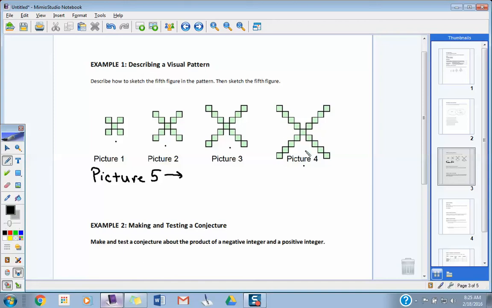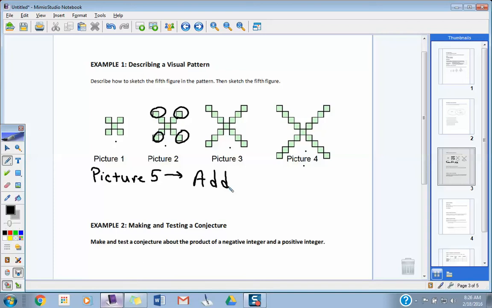If I understand you correctly, to get to picture 2, you take picture 1 and add these corners right here. Is that what you're saying? Okay, so to get to picture 5, which picture are we going to have to adjust? Okay, so you're going to add how many blocks? 4. Technically 4. So could I write down add a block to all 4 corners of picture 4? Would that be okay, guys?